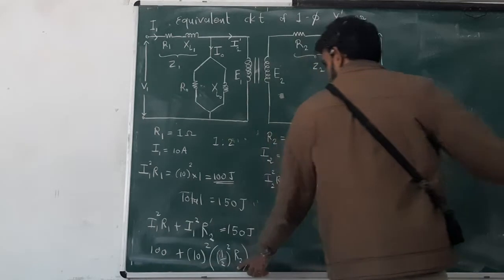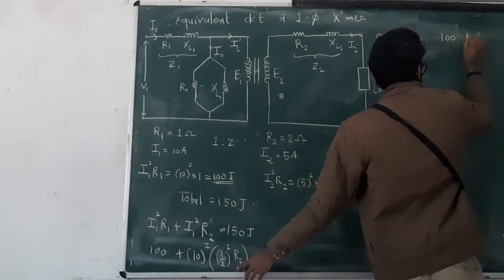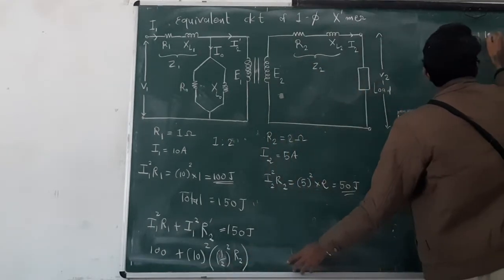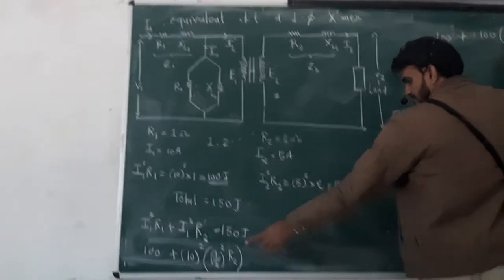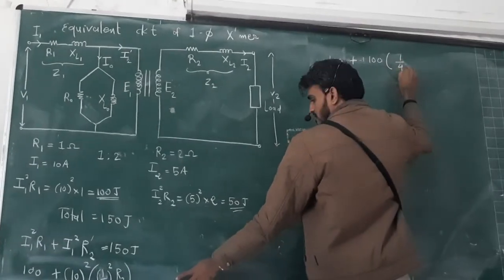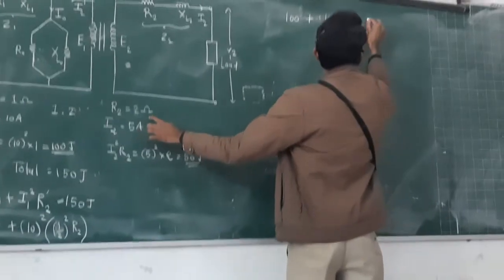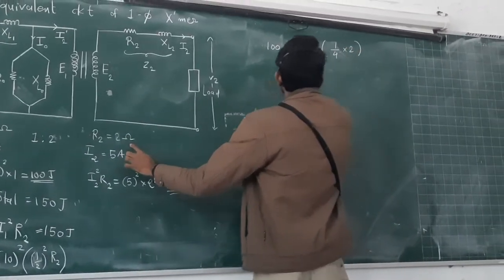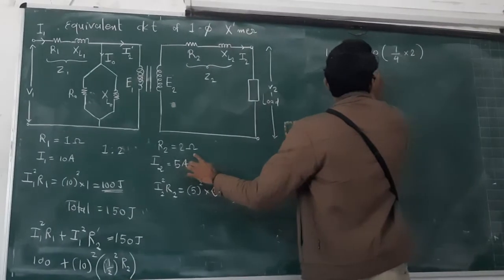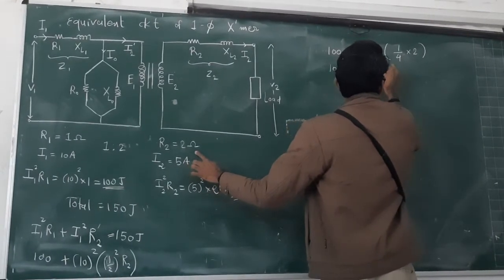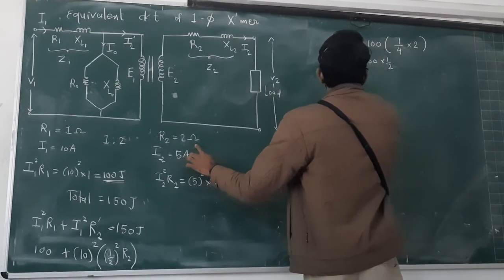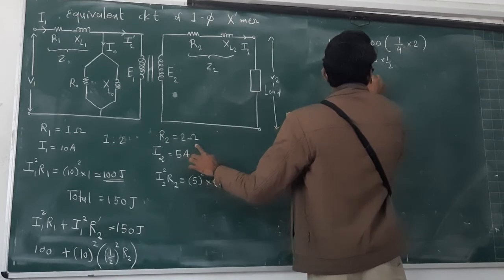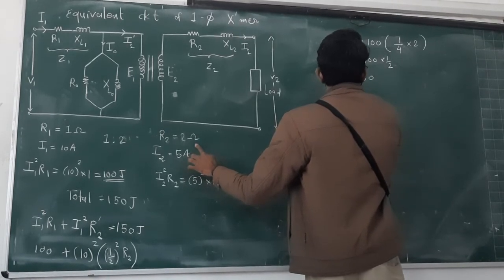So see now what happened: 100 joule is as it is, plus 10 square is 100, into 1 by 2 square, that is 1/4, R2 is 2. So 100 into 1/4 into 2 is 50.